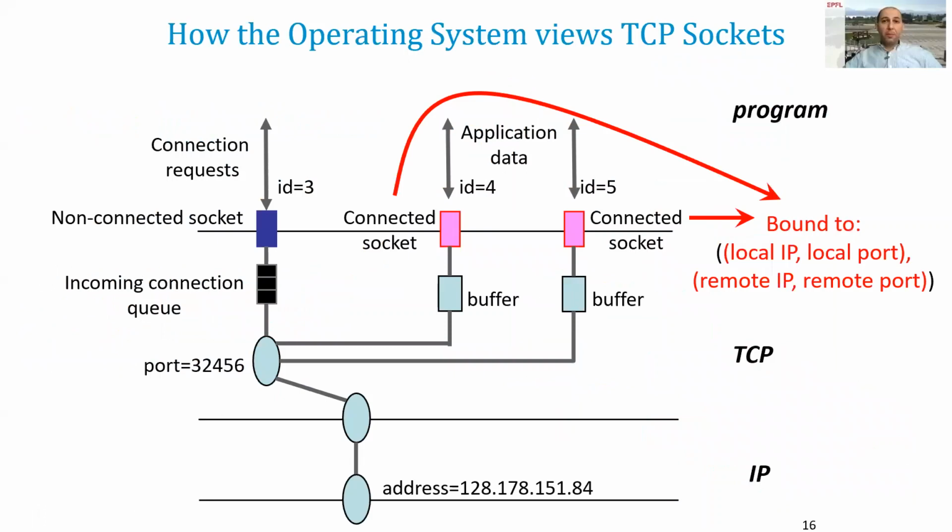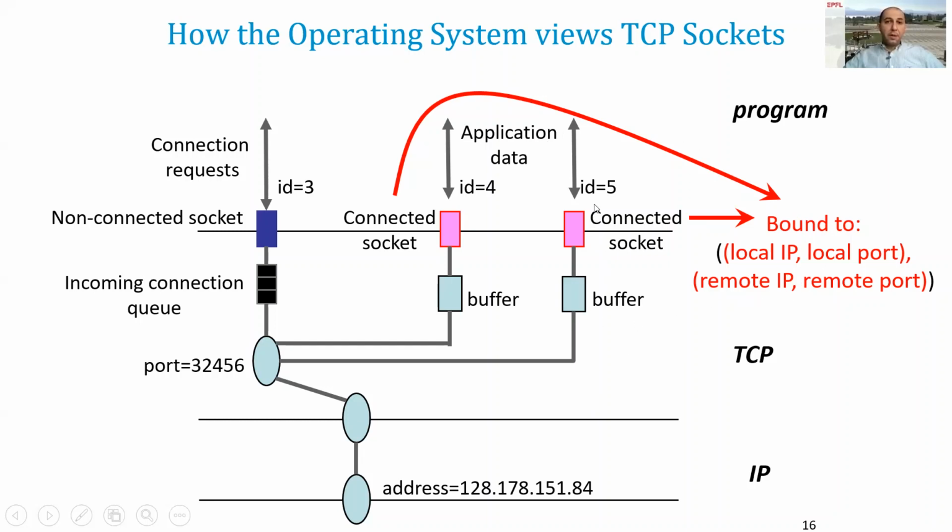Now again, the operating system view of TCP sockets. Here we have the non-connected socket, and here we have the buffer for incoming requests to connect. It is bound to this port number. Here we have the connected socket. Every socket is bound to the local IP address and port number, and to a different remote IP address and remote port number.